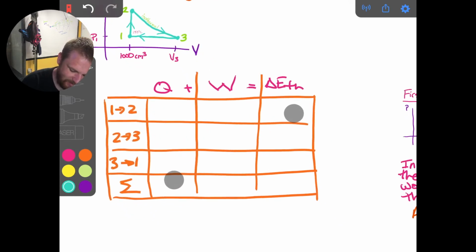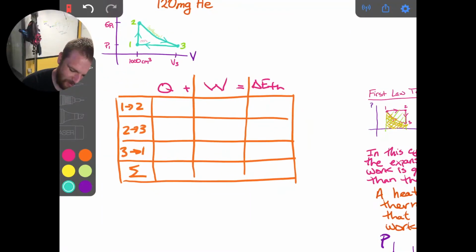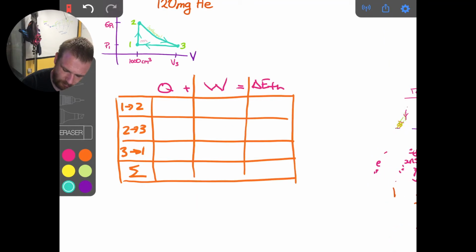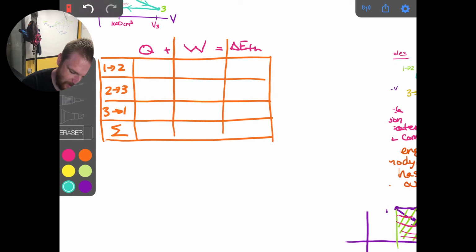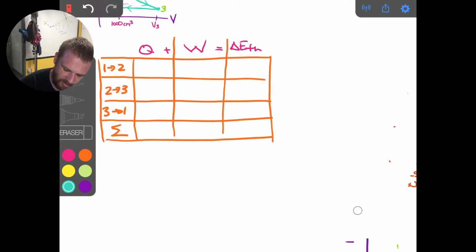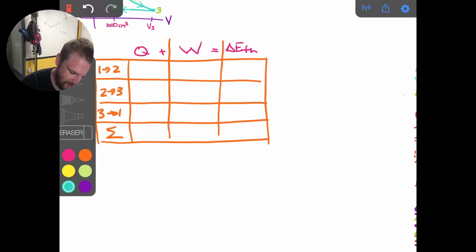And so let's outline what that strategy is going to be. Didn't give myself quite enough room here, but that's okay. All right. Starting with step 1. Step 1 is going to be to look at this process and decide if we can identify any zeros in the table.